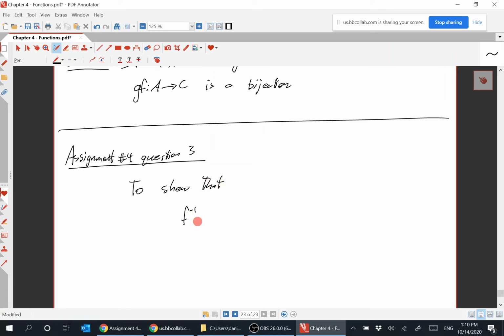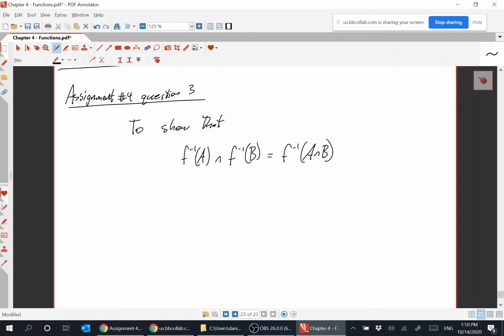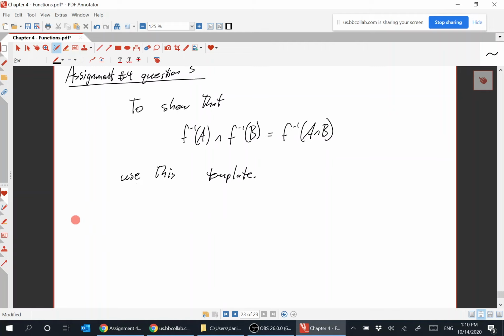So to show that preimage A intersection preimage B is equal to preimage A intersection B, here's a template. Use this template. You want to show that preimage A intersection preimage B is what?